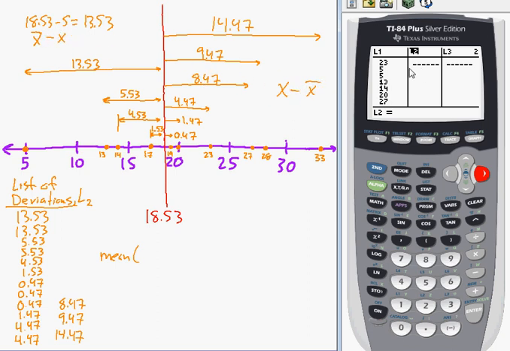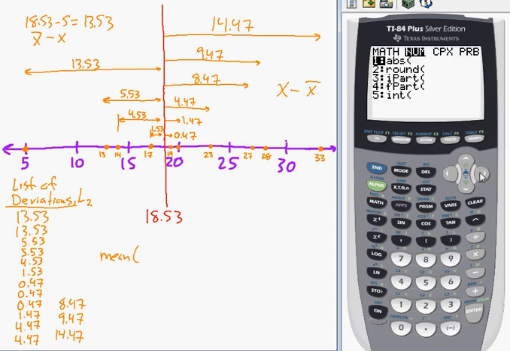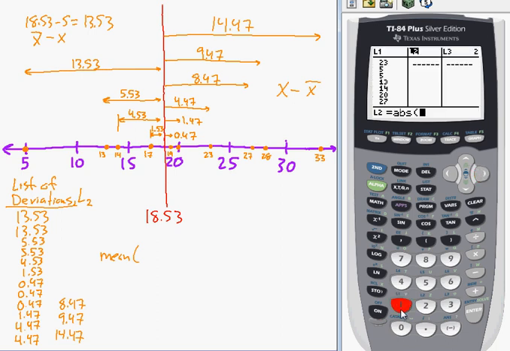It's hard to do that on a calculator. So in order to accommodate that and make sure we don't get any negatives, I'm going to go to Math and go to the Number menu, and ABS stands for Absolute Value. So I'm going to put in absolute value and then go my mean, which is 18.53, minus all of the data in L1.